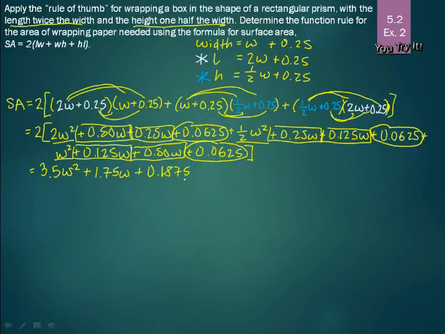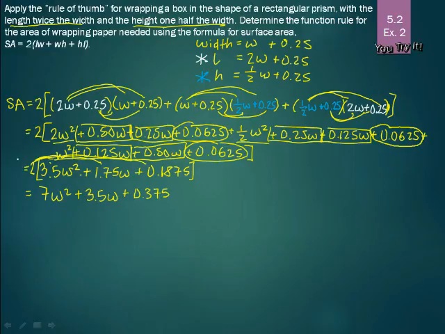And let's not forget that we still have a 2 multiplied in front of all of that. So let's multiply the 2 in. 2 times 3.5 is 7 W squared. 2 times 1 75 hundredths is 3.5 W. And 2 times 1,875 ten thousandths is 375 thousandths.